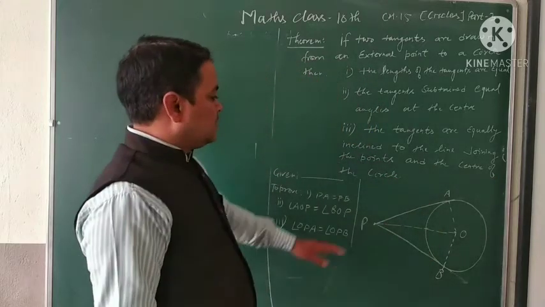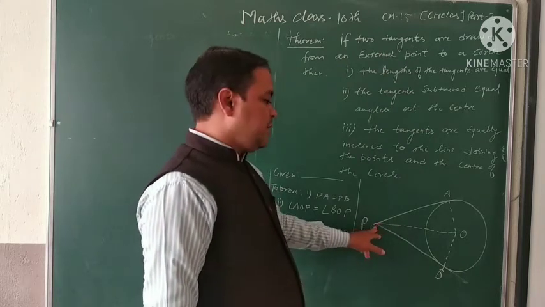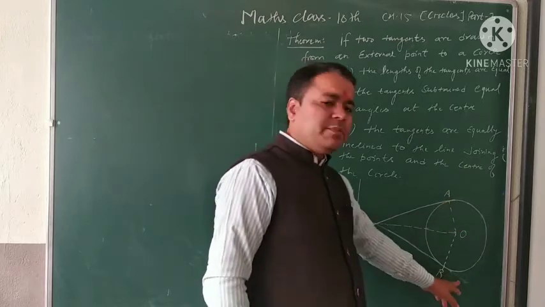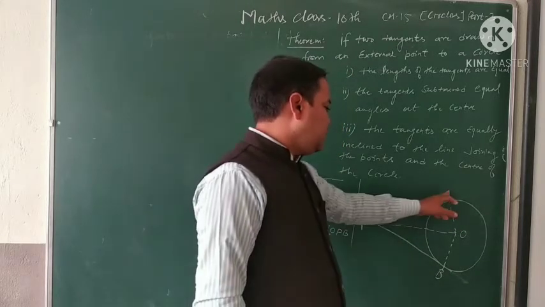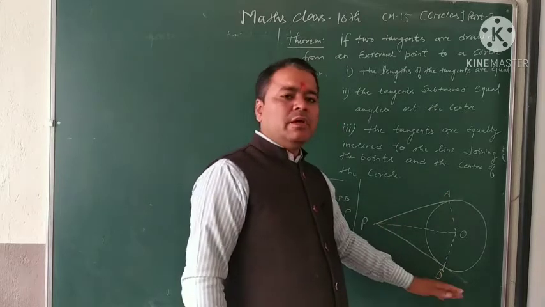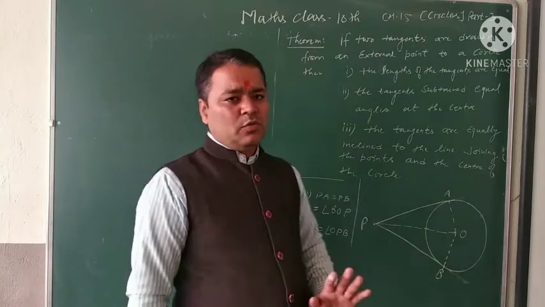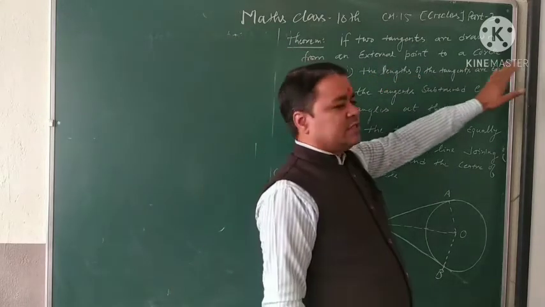Getting? Here, this point P is outside the circle and we have two tangents PA and PB. First of all, we have to prove that PA is equal to PB, means the lengths of the tangents are equal.